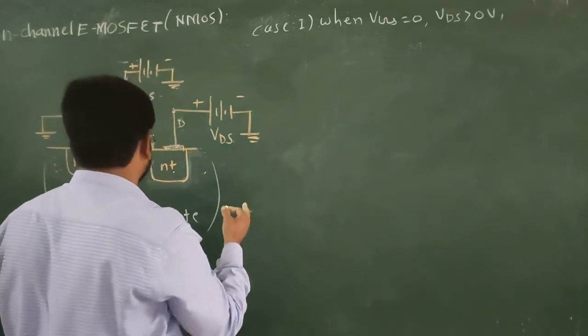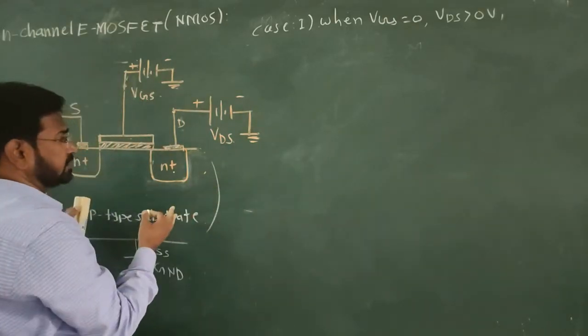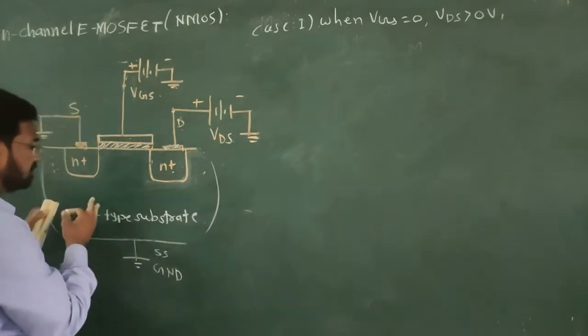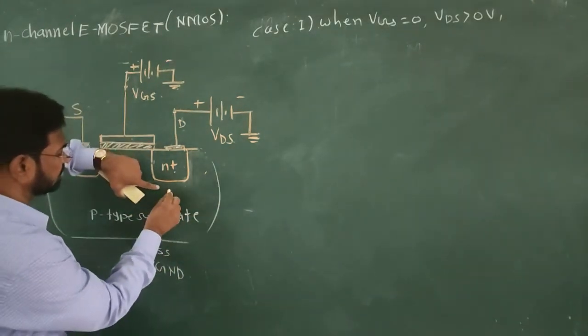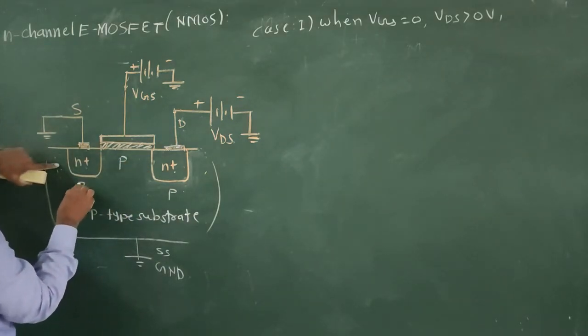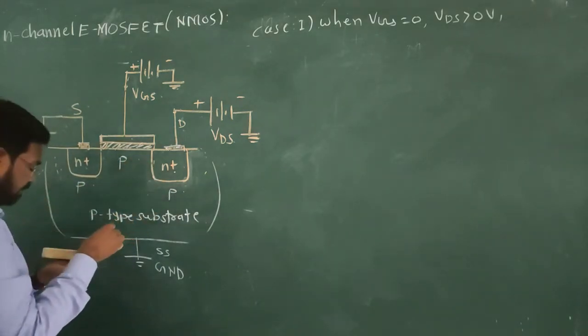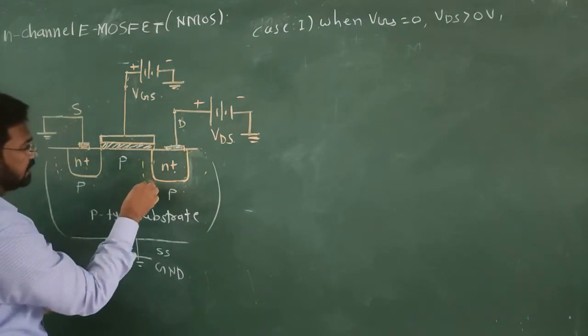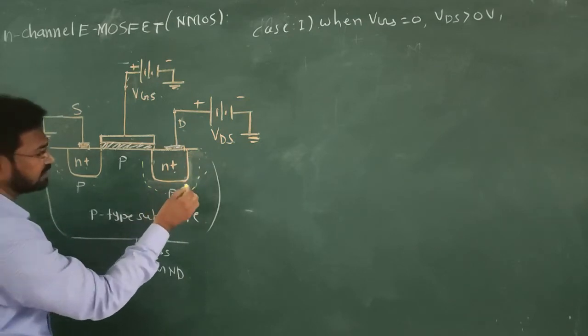Now, in this case, what will be the current in the device? What will be the current and what is the direction of current? Now, see, as it is substrate, it is P type semiconductor here, and it is P type semiconductor here. So, there is a formation of junction here. So, this region is having a junction. What is the junction here?